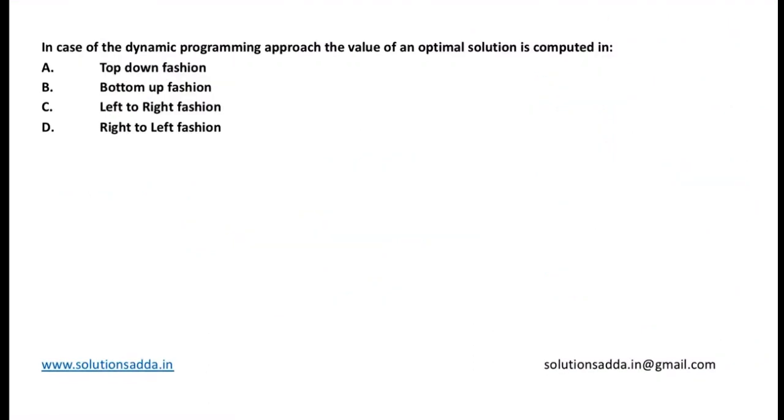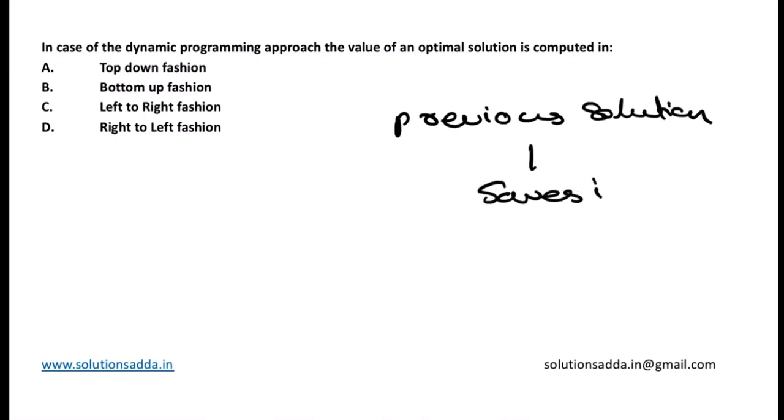This is a question from algorithms. In case of dynamic programming approach, the value of an optimal solution is computed in top-down fashion, bottom-up fashion, left-right fashion, or right-to-left fashion. What happens in dynamic programming is it calculates the previous solution, saves it, and reuses the solution to avoid solving the same problem again and again.